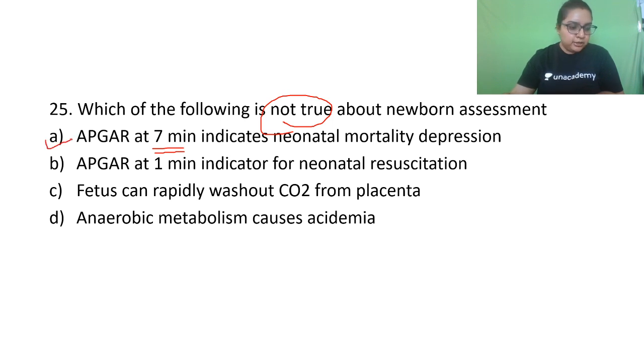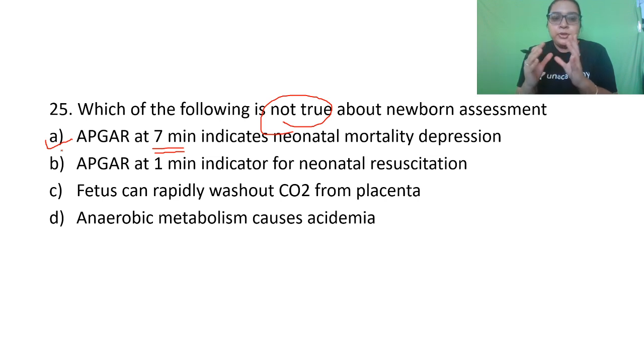Yes, I'm already getting correct answers. Kripa, Krishna, all of you have given the correct answer. So the golden minute, the first 60 seconds, are golden seconds for neonatal resuscitation. Whatever it is, the assessment, interpretation, resuscitation, everything has to be initiated within this first 1 minute.